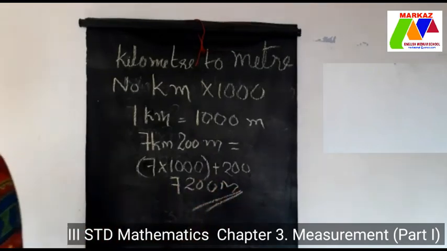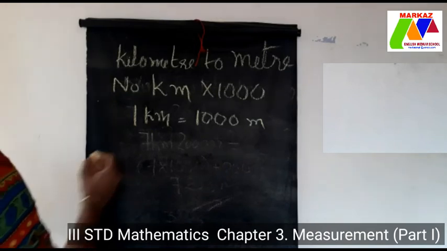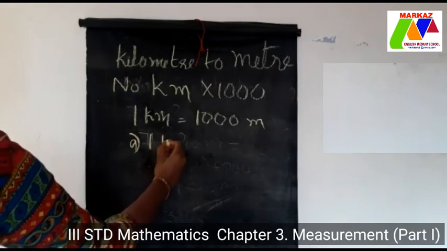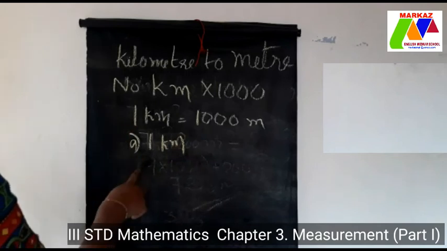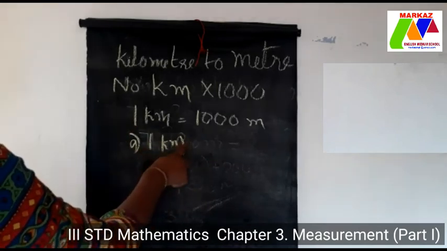meter. Okay. Your textbook, exercise number 3.2. Convert the following kilometers into meters. Let us solve this. The first one, A, 1 kilometer. In order to convert this 1 kilometer into meter, what we have to do? We have to multiply it by 1000.